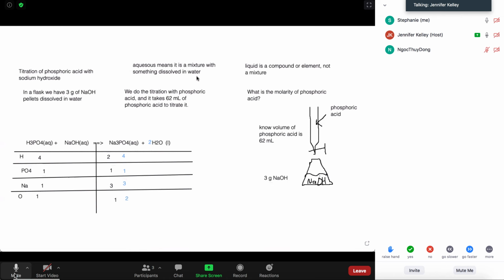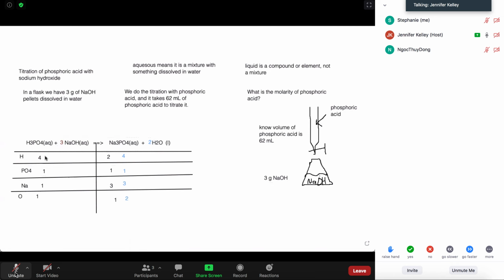And then I can balance the sodium next. So on the left, I have 1, and on the right, I have 3. Put 3 there. So I'm going to move it down a little bit.